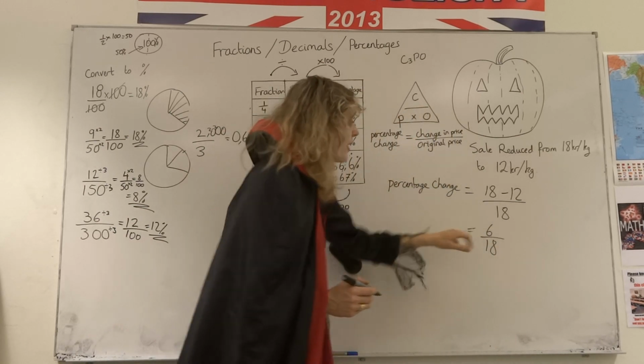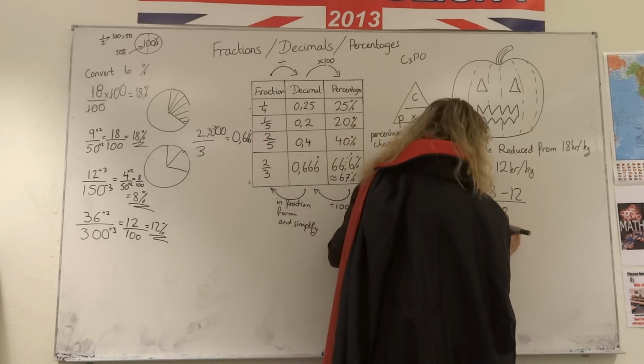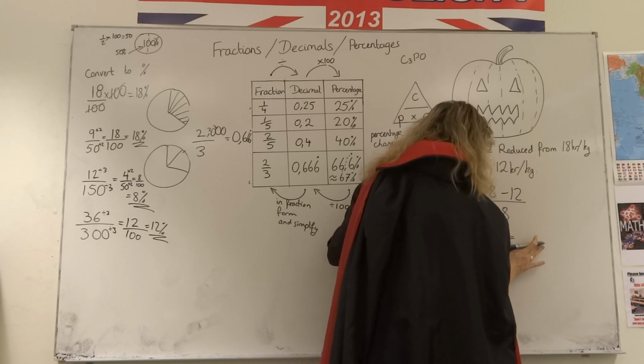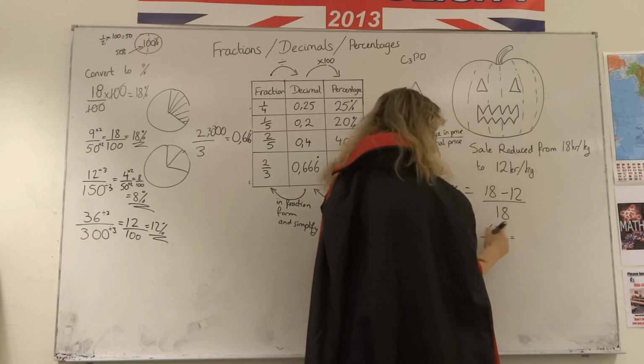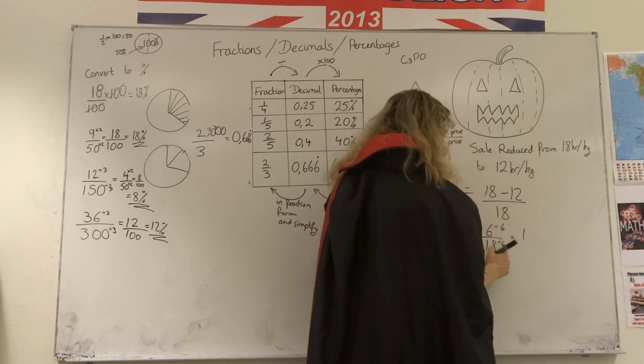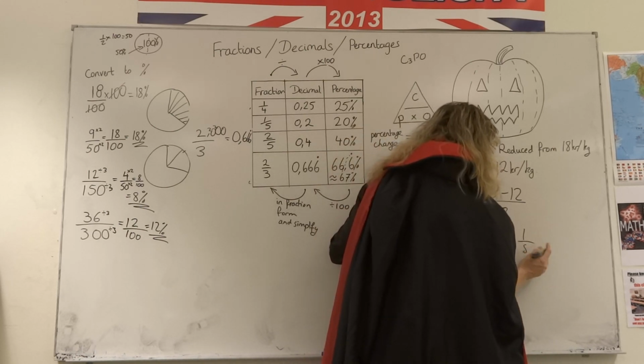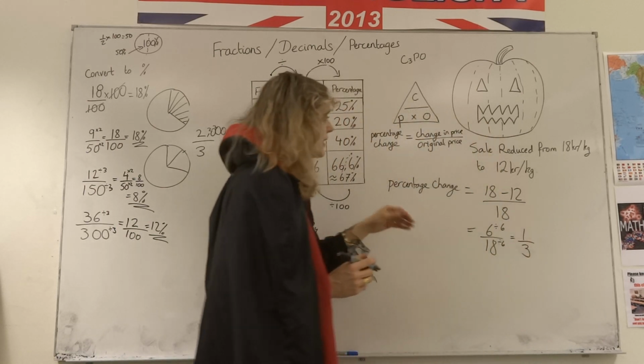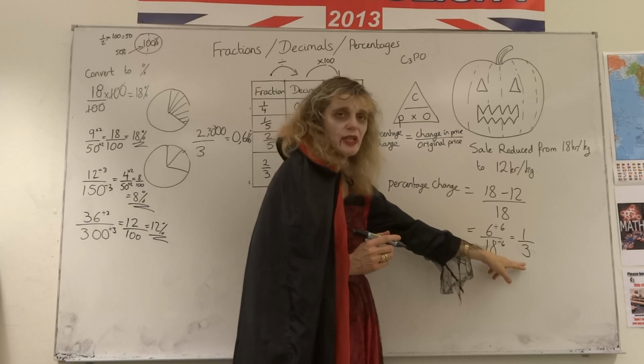We can simplify this by dividing top and bottom by 6. 6 divided by 6 is 1, 18 divided by 6 is 3. So we know that the percentage change as a fraction is 1/3.